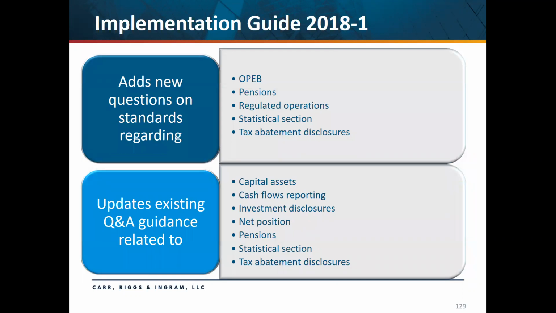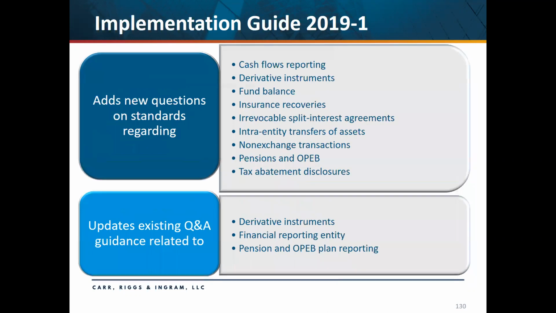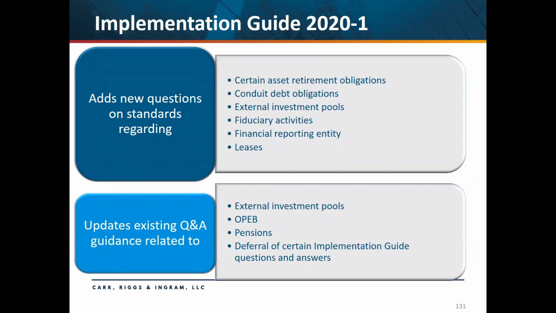Some of the things it touches upon: the 2018 hits OPEB, pensions, and a couple of tax abatements. 2019 hits some cash flow reporting, derivative instruments, pensions and OPEB. And the 2020-1 hits those leases. So I think you definitely want to go look at some examples for those leases within the implementation guide.